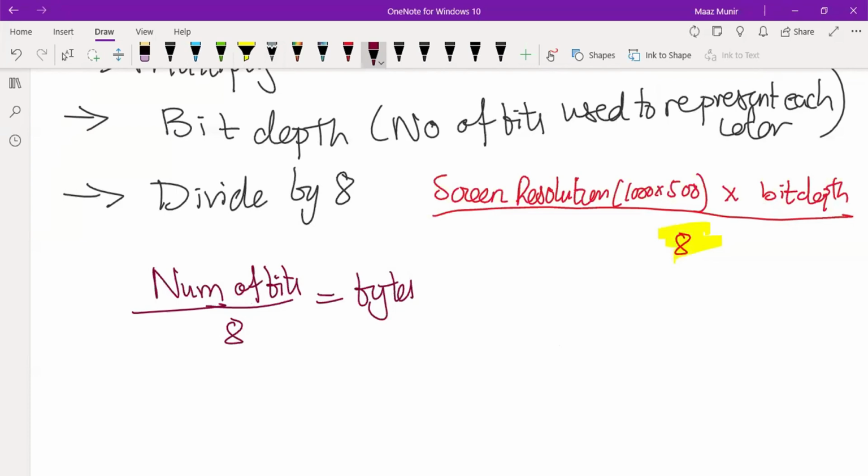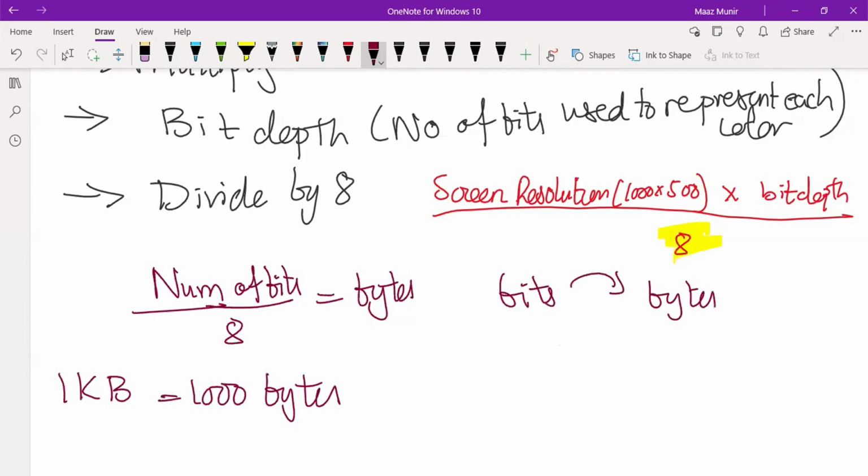So we need to convert this into bytes, because 1 kilobyte, 1 KB has 1000 bytes. The answer we get from screen resolution multiplied by bit depth would be in bits. To convert it into bytes, we need to divide by 8. And then from bytes to KB, we need to divide by 1000 again, and so on.